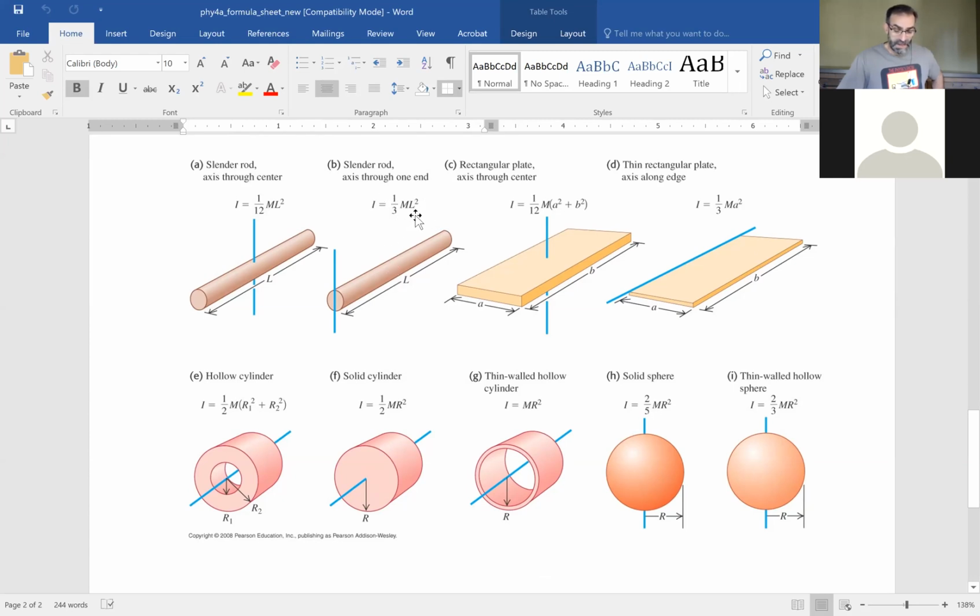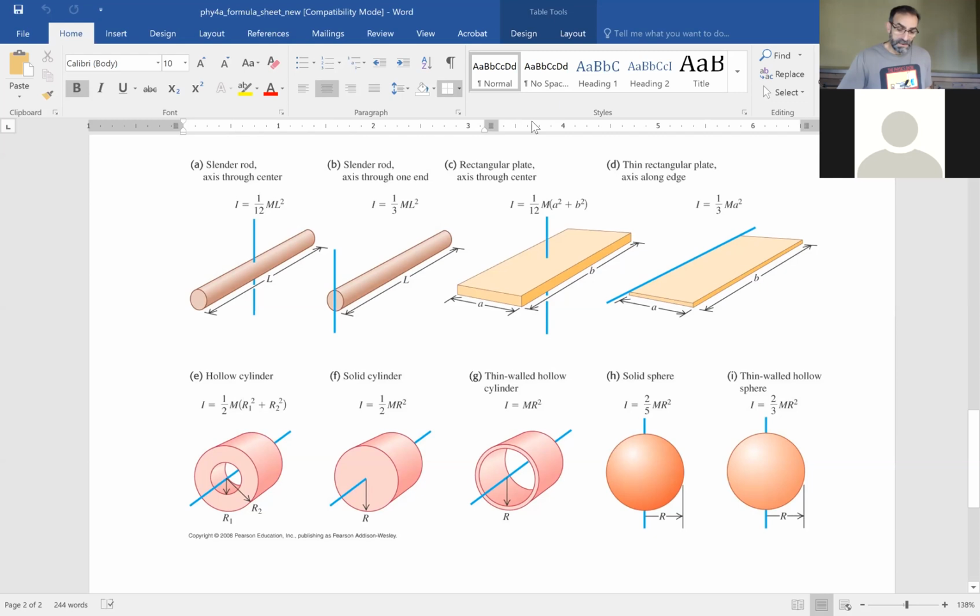I is 1/3 ml squared. They have a rectangular sheet rotating about its center point, and a rectangular sheet rotating about an axis along one edge of it. They have a hollow cylinder, a solid cylinder, a hoop, a solid sphere, a hollow sphere. All kinds of common shapes here. So we can look these up.